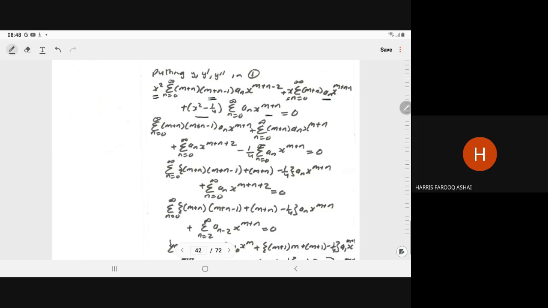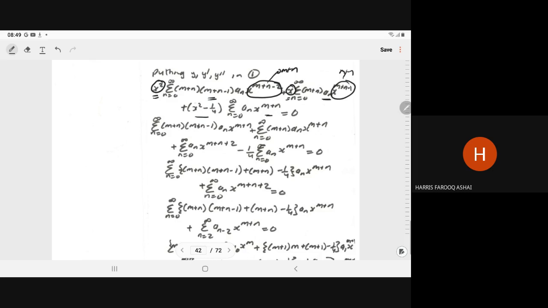Now when we multiply this x square with x to power m plus n minus 2, the power will become m plus n. When we multiply this x with x to power m plus n minus 1, it will become power m plus n.